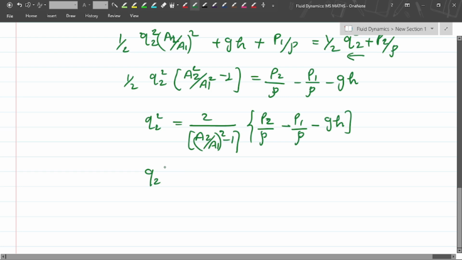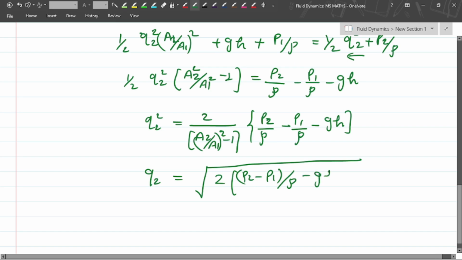So the value of q2 is nothing but the square root of 2 into (p2 minus p1) upon rho minus gh, divided by (a2 upon a1) whole square minus 1.